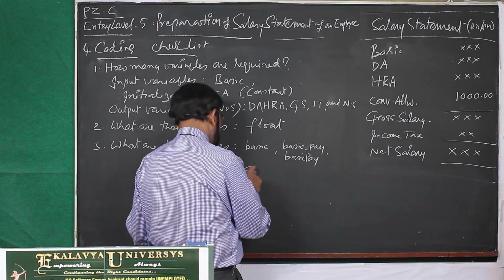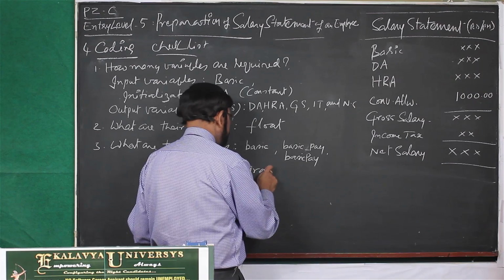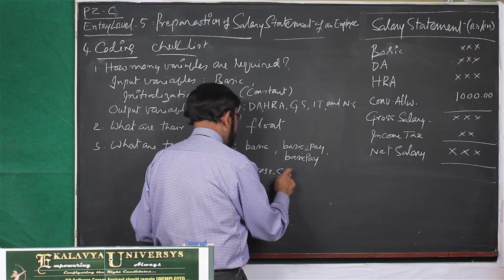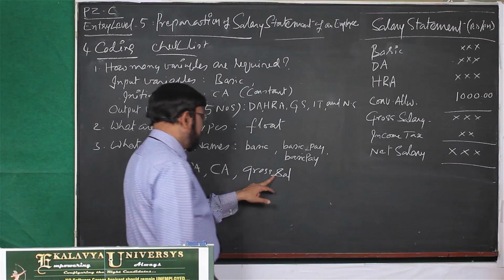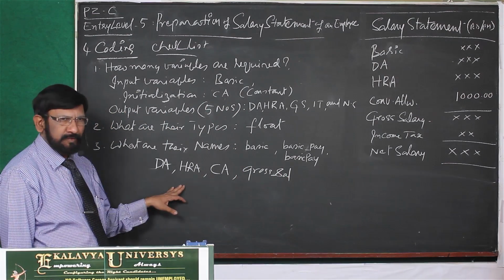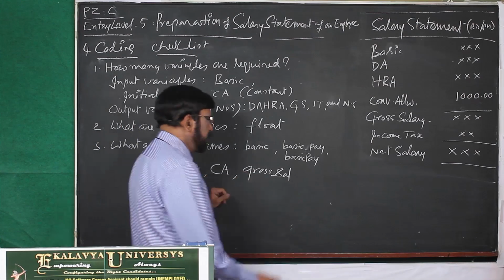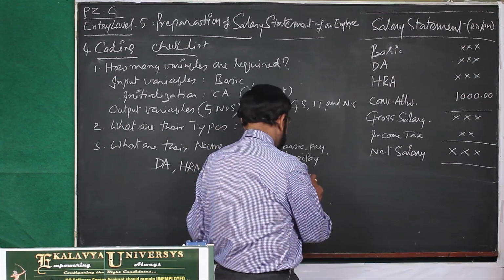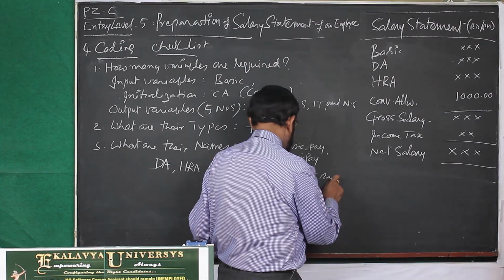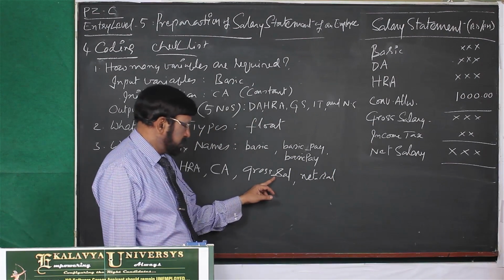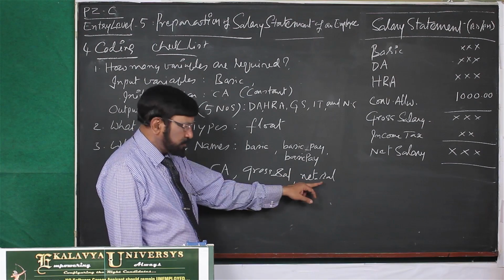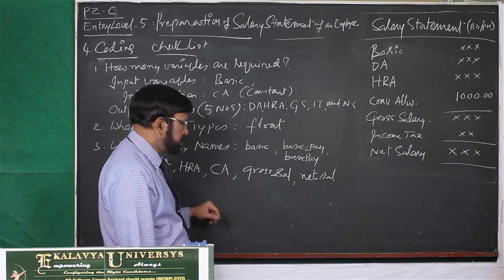Thereafter gross_salary, because gross salary I am not using in abbreviated form and all that. Gross_salary, in the same way net_salary. Here you understand, this is an underscore, this is not a dash, you must remember.